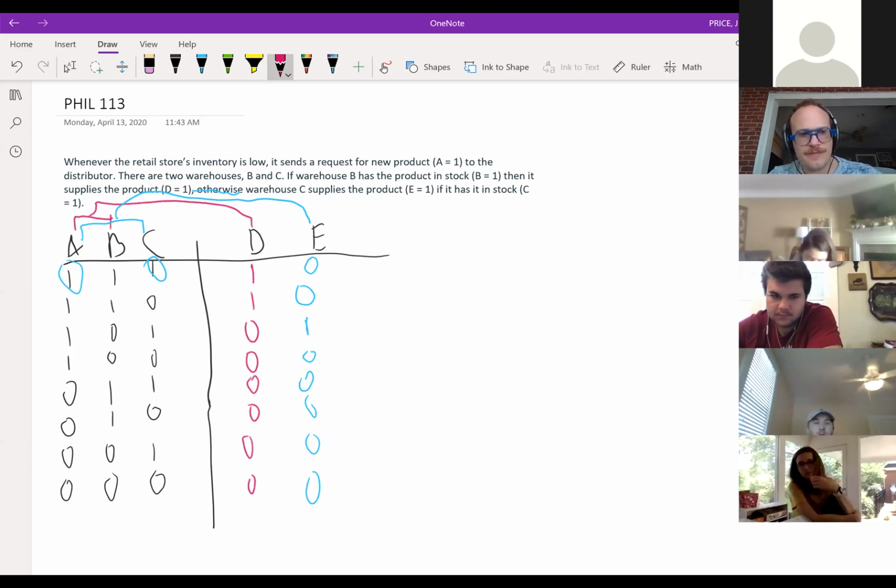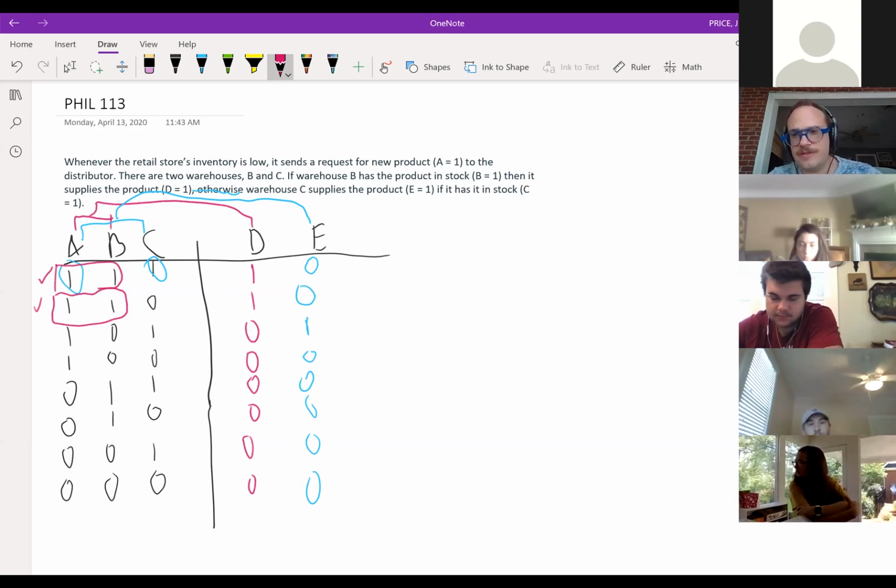So the two spots where D is outputting 1, the only inputs that matter are A and B. So you don't have to represent the other inputs. So this simplifies our disjunctive normal form quite a bit.